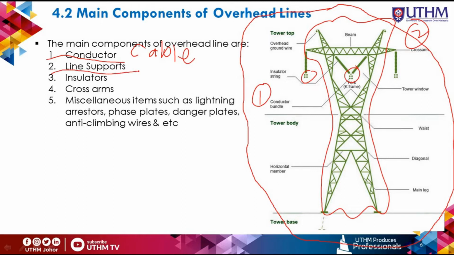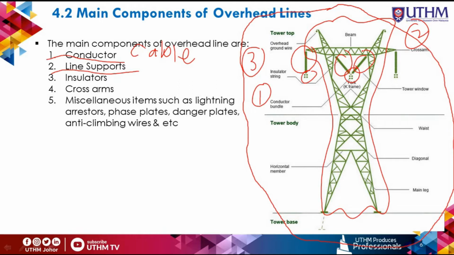And the third one is the insulators. Which one is the insulator here? So this one, number 3. These are the insulators, which are attached to supports and insulate the conductors from the ground.